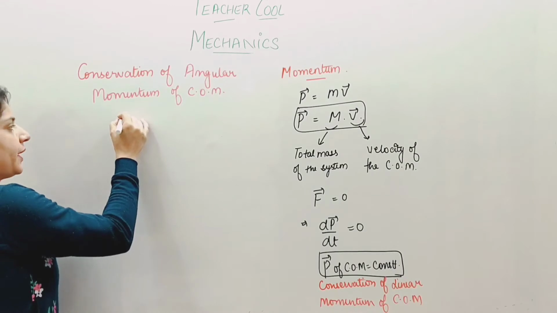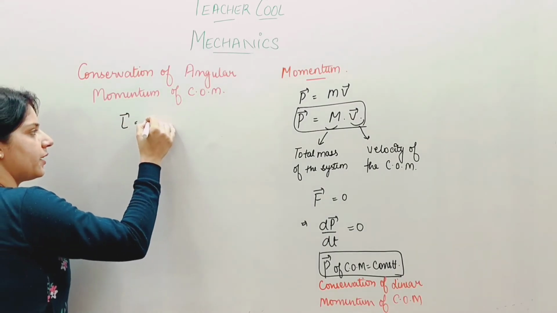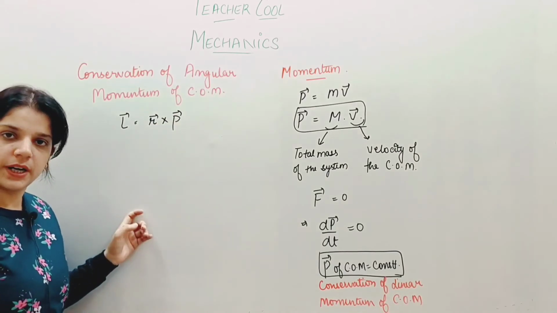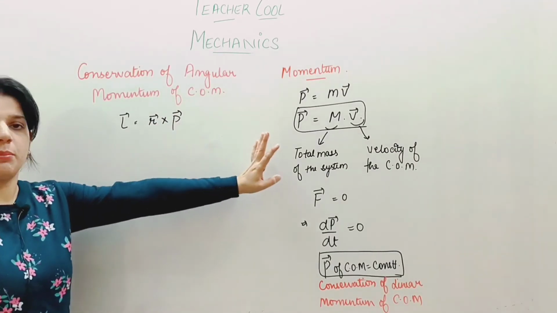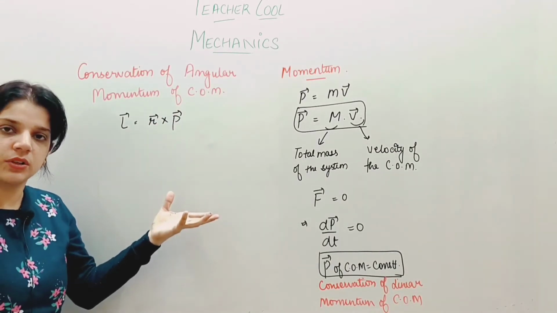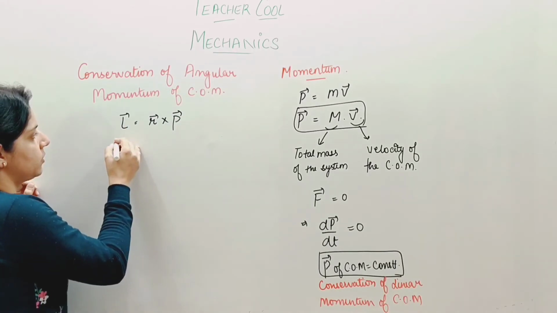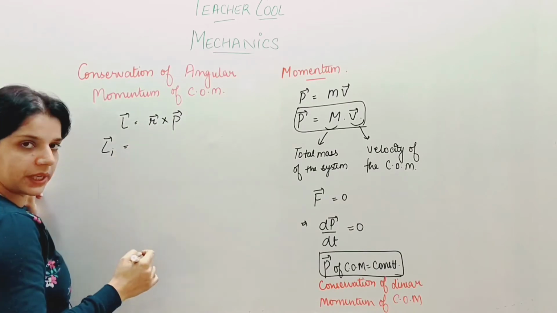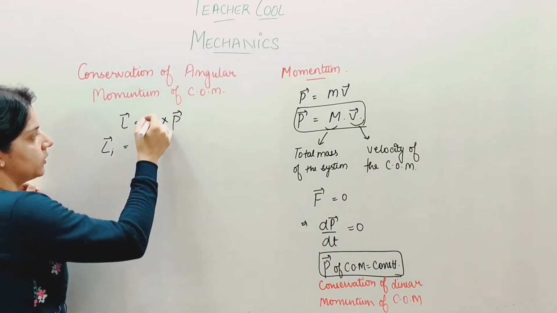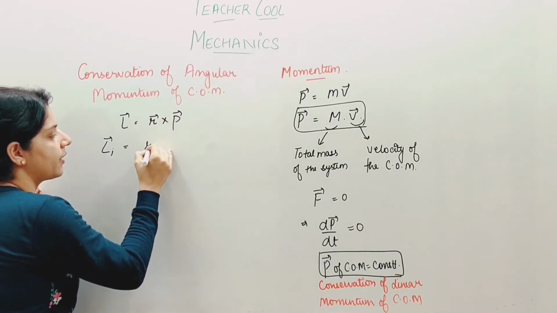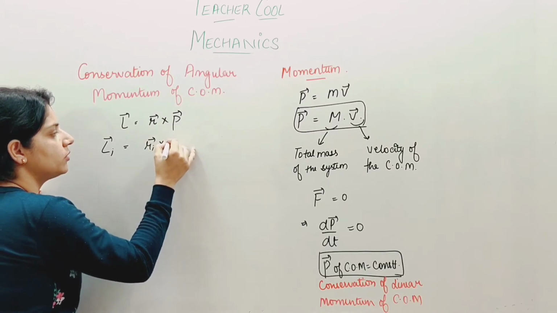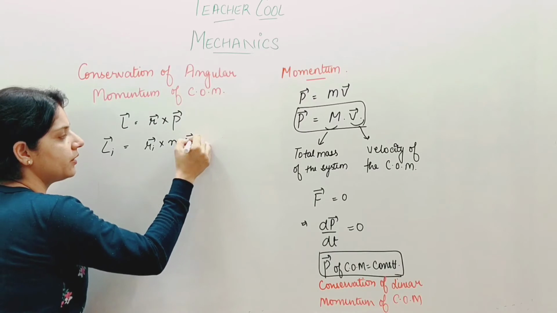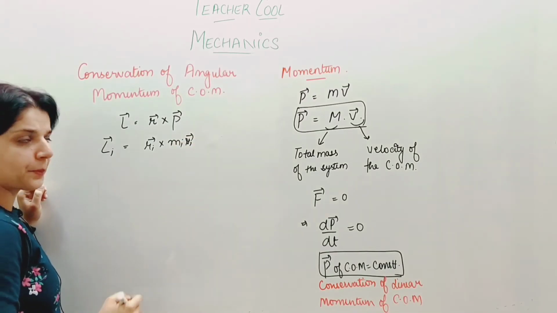Now, angular momentum was defined as r cross p vector. P vector we can break in terms of mass into velocity vector. So I'll write Li vector will be Ri vector cross Mi into Vi vector, right?